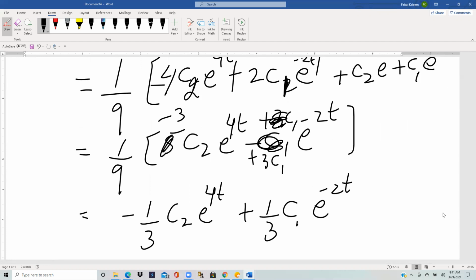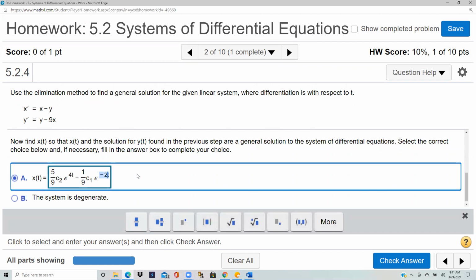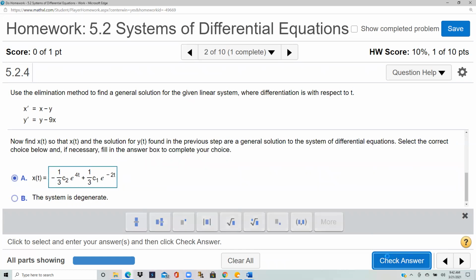So negative 1 over 3 c2 and plus 1 over 3 c1. Okay.